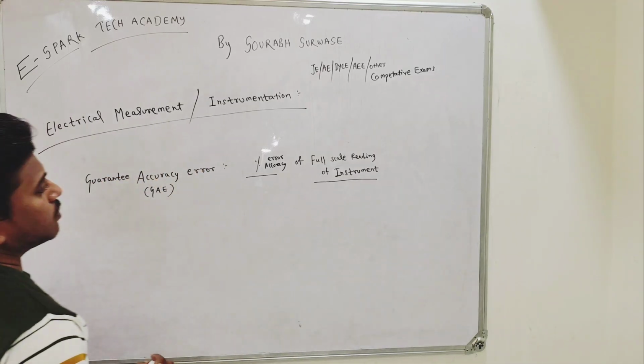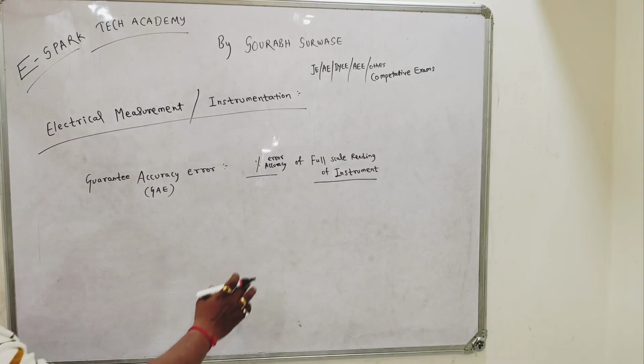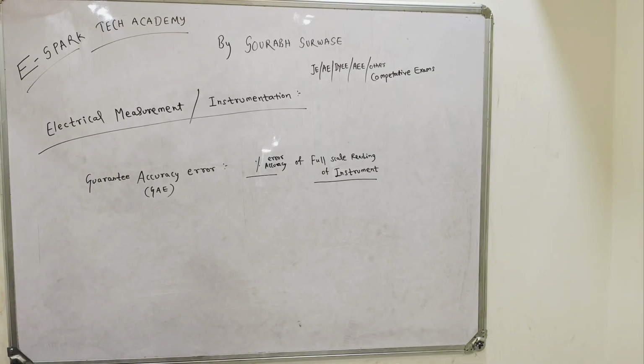This will already be given in your problem, and accordingly you have to calculate the guaranteed accuracy error.